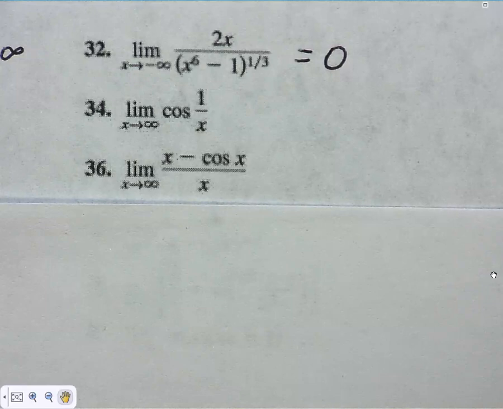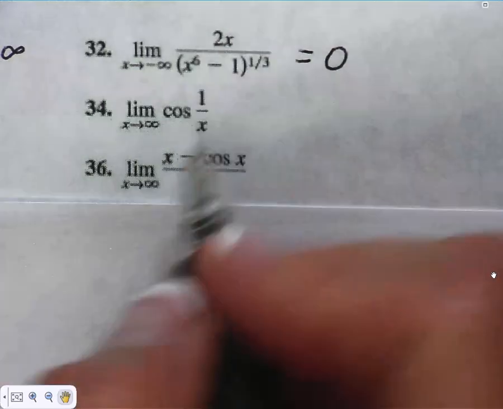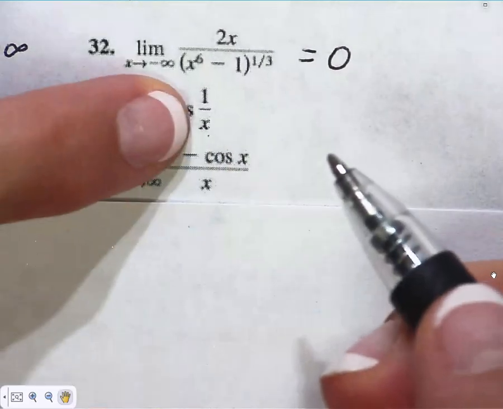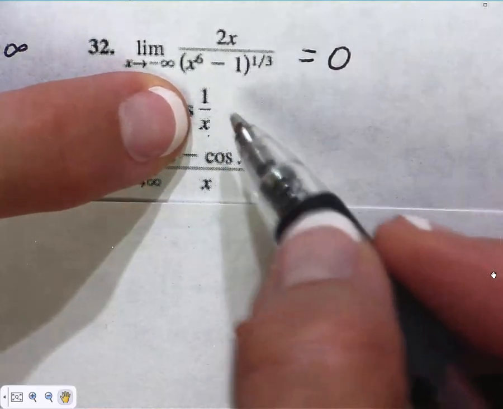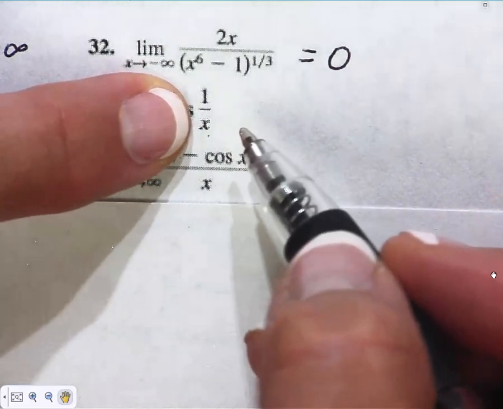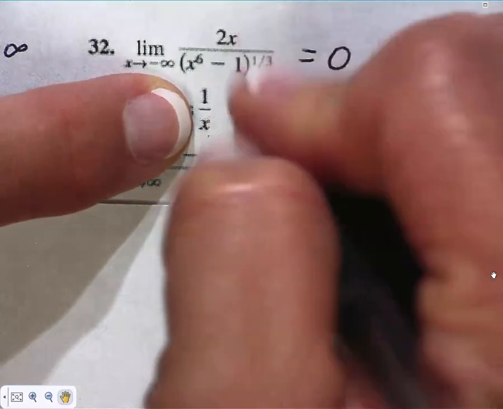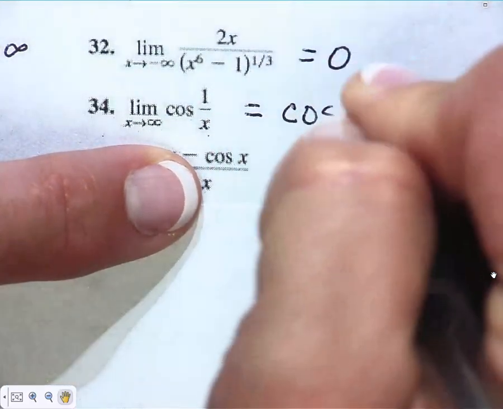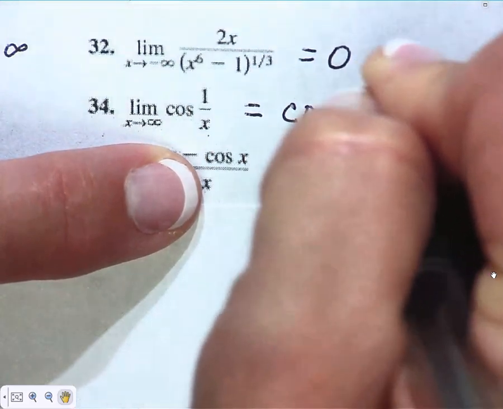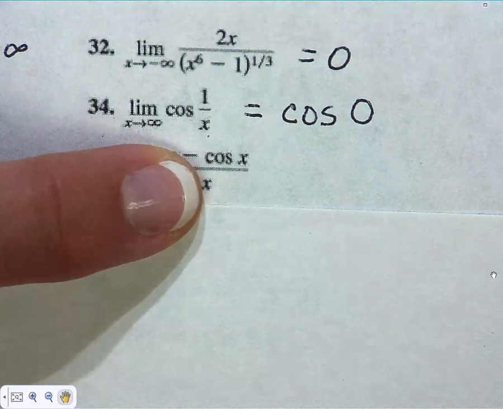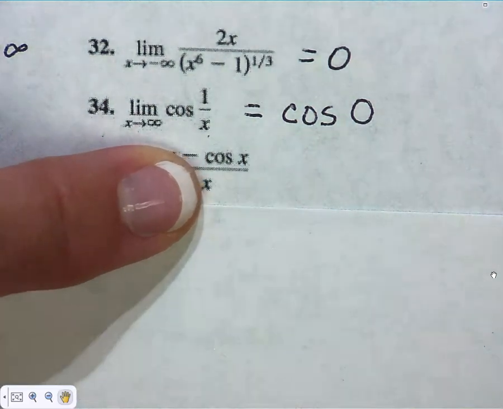Let's think about it. As x goes to infinity, forget the cosine for a second. As x goes to infinity, what's going on with that whole fraction? Darn close to 0. So this is cosine of something that's getting darn close to 0. What's cosine of something that's darn close to 0, darn close to?